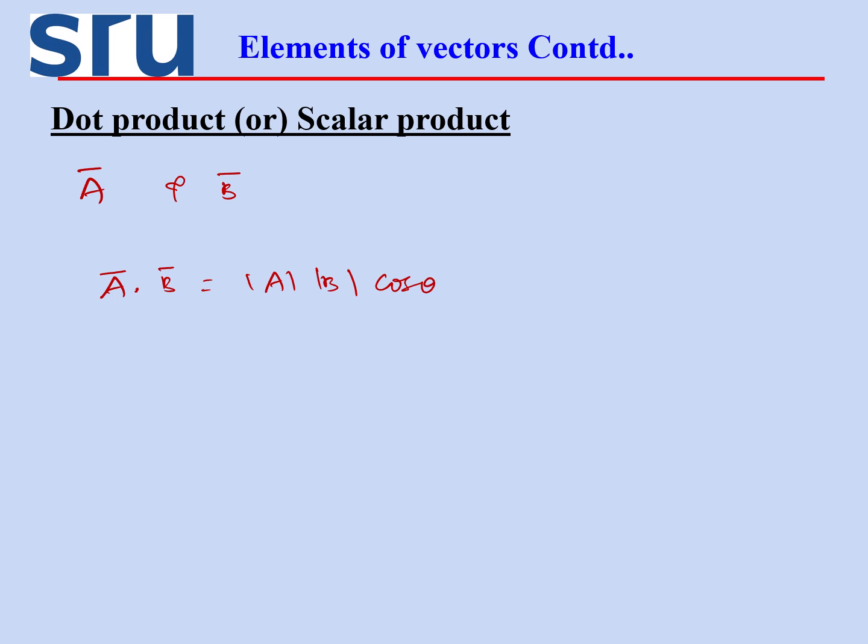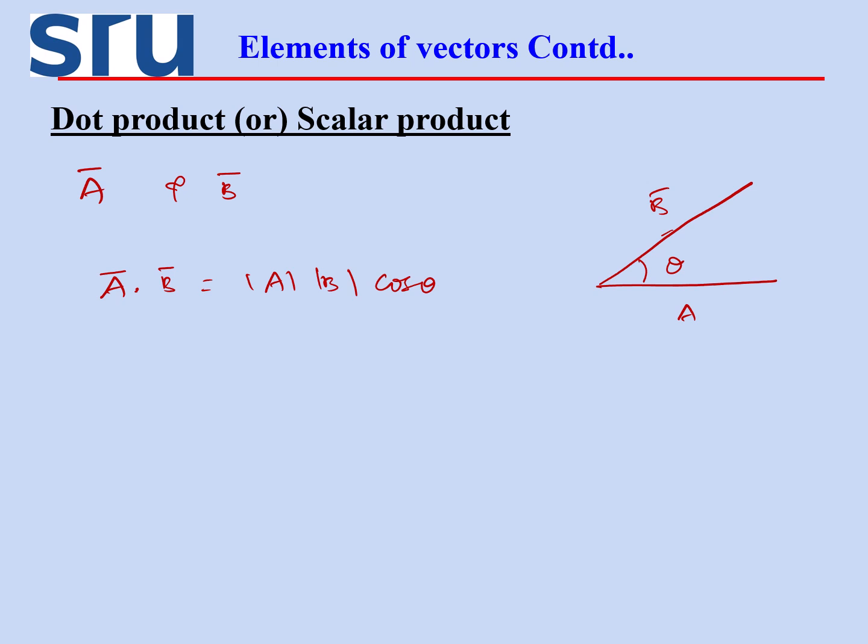So these two vectors, this is vector A and this is vector B. The angle between them is theta.